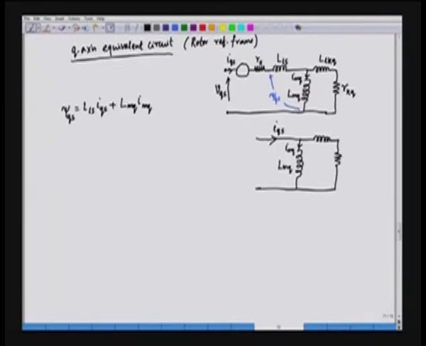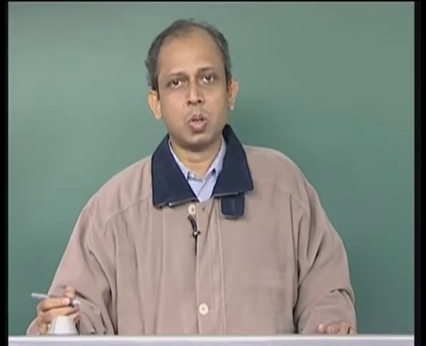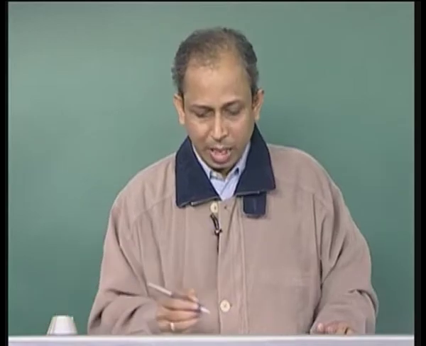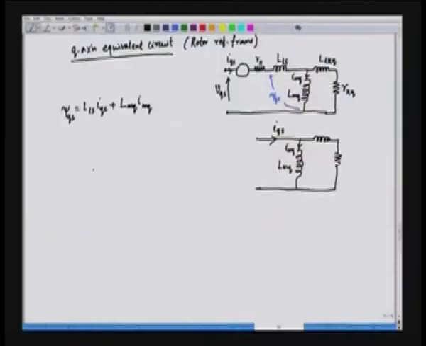Now, this is a current divider circuit. We have two parallel branches and the current will be divided in inverse proportion to their impedance. So, we can calculate what is IMQ.